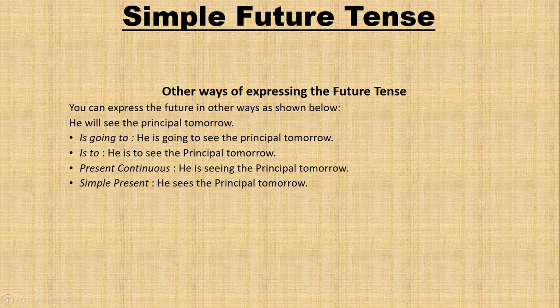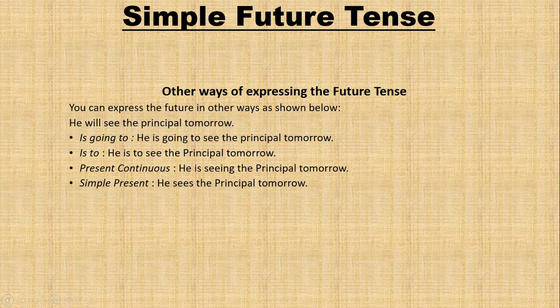The same sentence that was in future has been converted to a sentence that is also in future but without changing its meaning. The next one is using is to. He is to see the principal tomorrow. So is to also does the same work. The meaning of the sentence hasn't changed, nor has the tense.